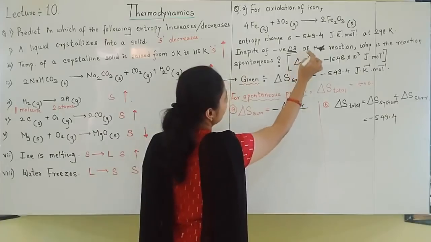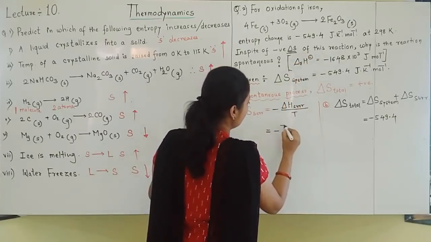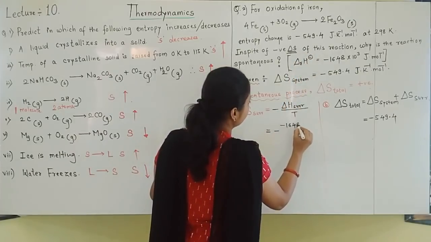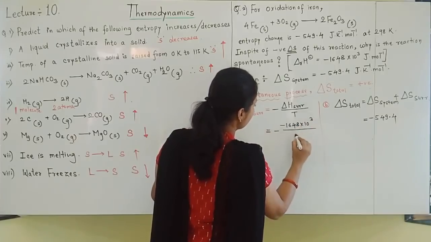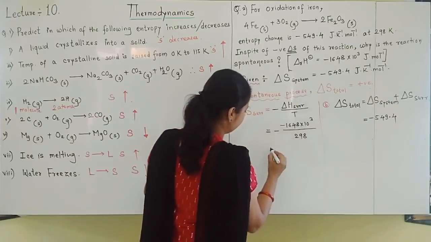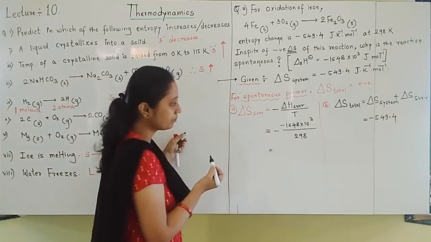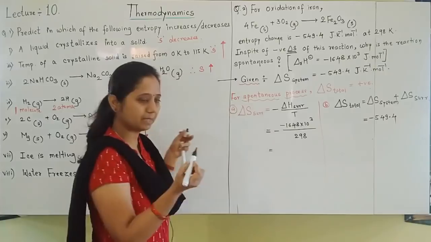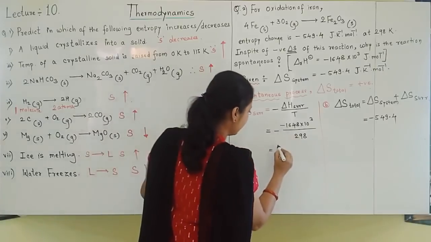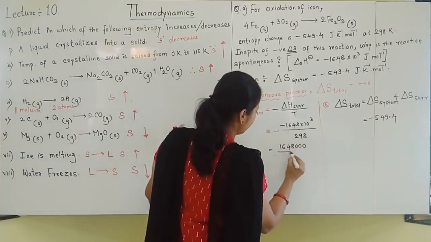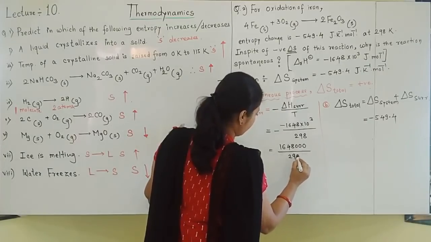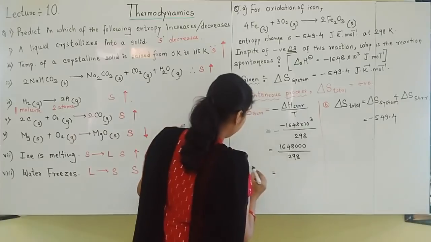Now the delta H of surroundings value is given, it is minus, and the temperature is also given, 298. Now minus minus becomes plus. See the things properly.